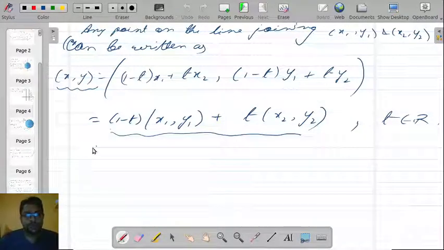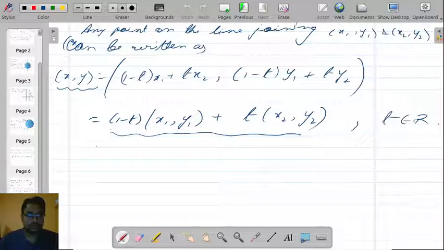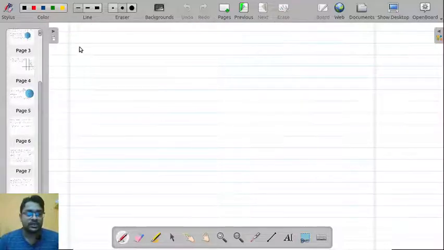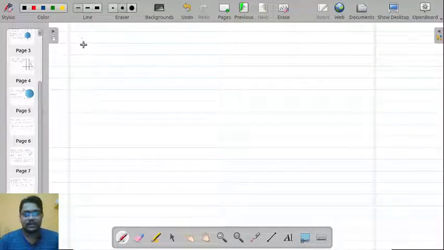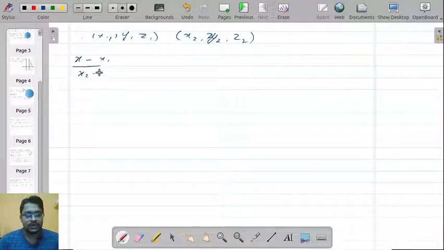So we can generalize this concept. For the 3-dimensional case also, the equation of the line passing through these 2 points (x1, y1, z1) and (x2, y2, z2) is given by (x minus x1) by (x2 minus x1) equal to (y minus y1) by (y2 minus y1), equal to (z minus z1) by (z2 minus z1).